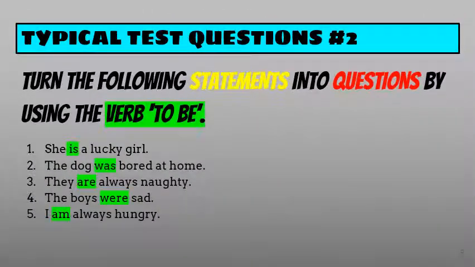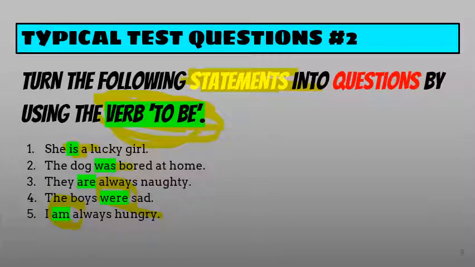Another typical test question that you can expect is if I give you a statement that contains an example of my verb to be. She is a lucky girl. The dog was bored at home. They are always naughty. The boys were sad. I am always hungry.